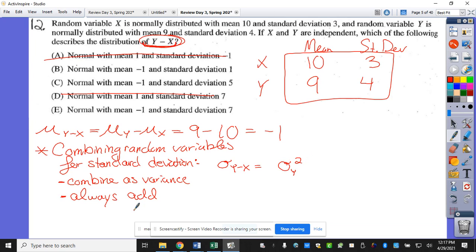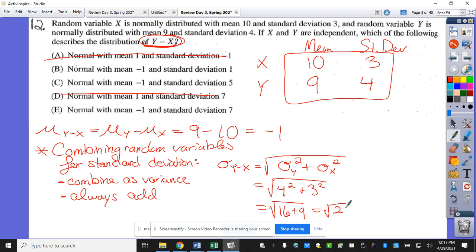I'm adding in between, even though the problem is subtract, sigma of X squared. But now I'm in variances, so how do I go back from variances to standard deviation? I've got 4 squared plus 3 squared. 4 squared is 16, 3 squared is 9. Those add to give you the square root of 25, which is 5.